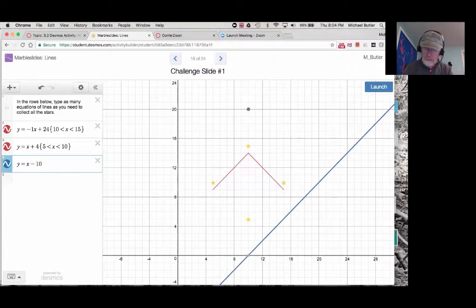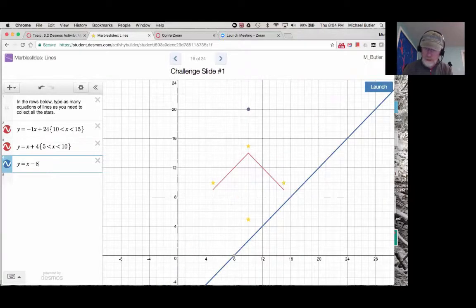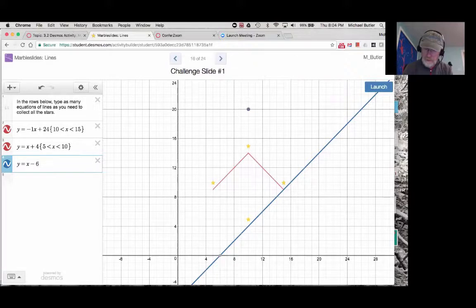Let's go -10. Nope, that was too much. So -8, -6. Ooh, -6 is good, but I'm going to have to shrink up the other line a little bit. Instead of having it go all the way to 15, on that -1, let's have that go to like 12. No, that's going to be 13, 14. Let's try 14. Let's see what it does.